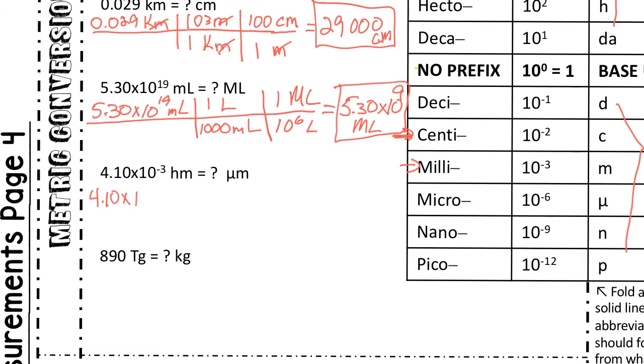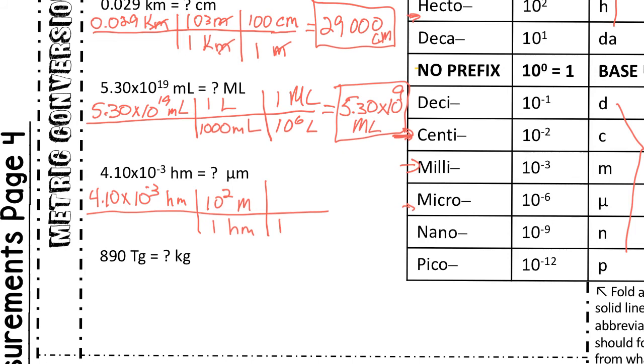4.10 times 10 to the negative 3 hectometers. So hectometers are right here, and we're going to micrometers, so down here. So once again, a hectometer is large. It's bigger than a base unit, so 1 hectometer is equal to 10 to the second meters. Now we're dropping down to the micrometer.